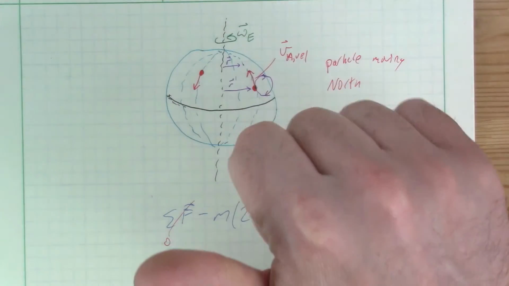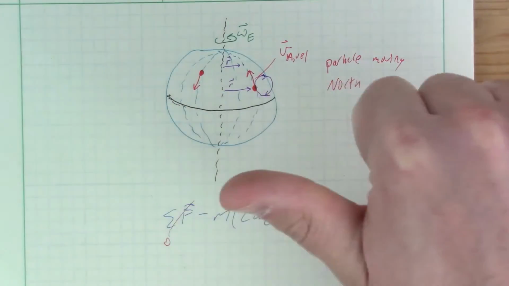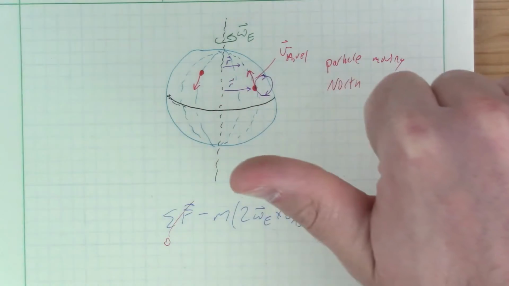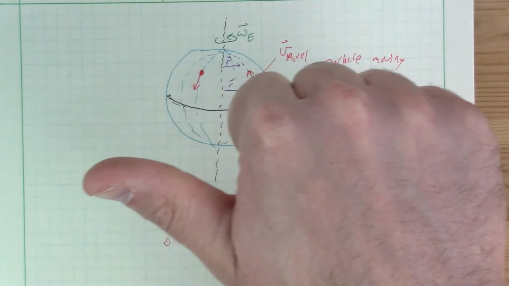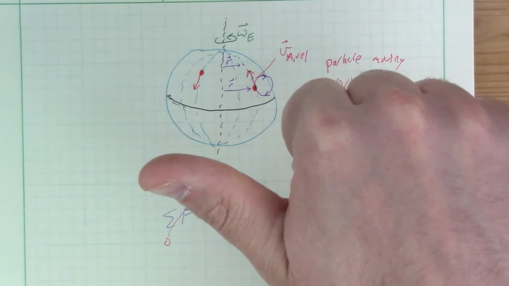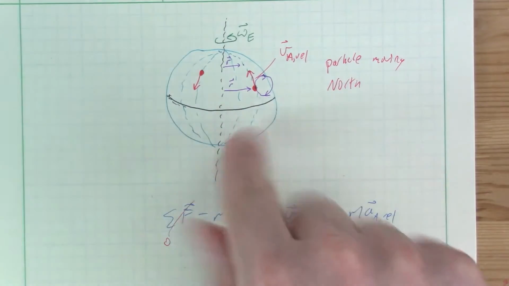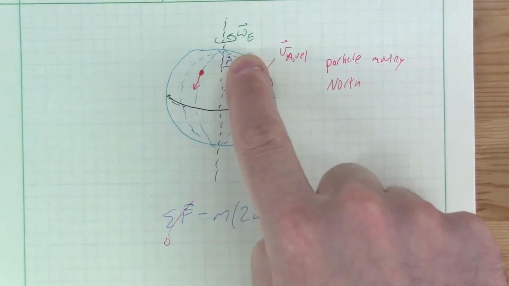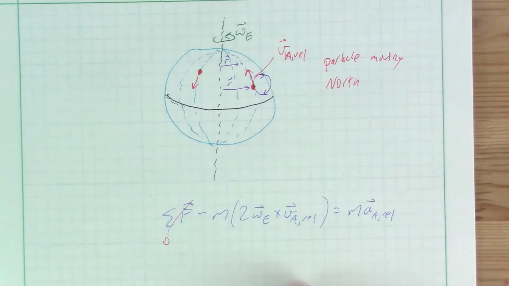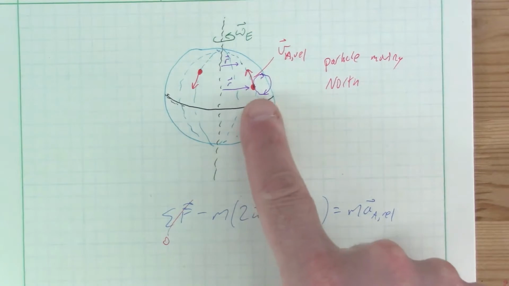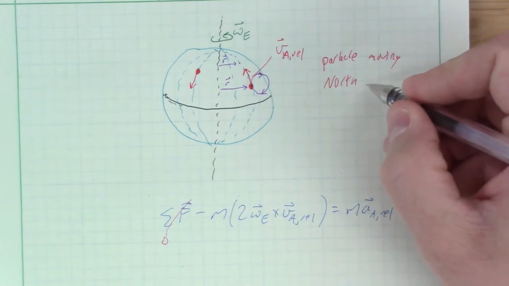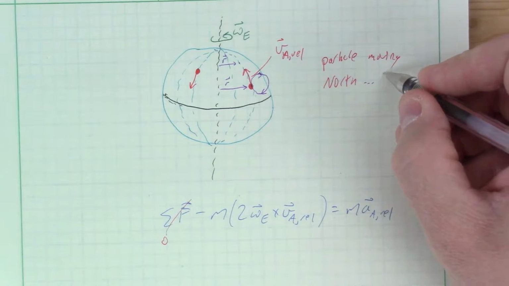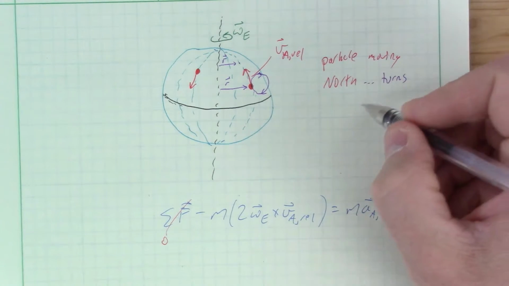So we've got to bend this inward, and omega cross V would be to the left, westward. But this is negative, so it flips it to the east. And so as the particle goes upward with the velocity, relative velocity to the Earth-fixed reference frame, it turns to the right. So a particle moving north in the north turns to the right.